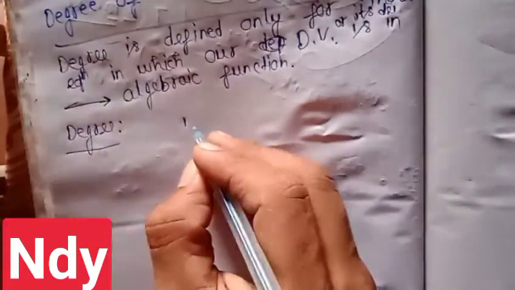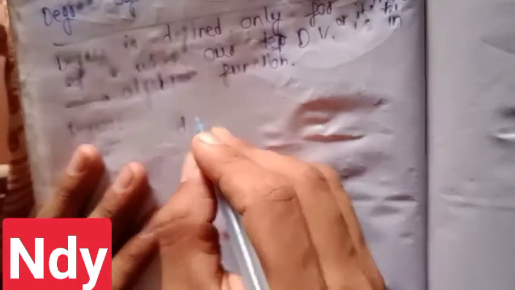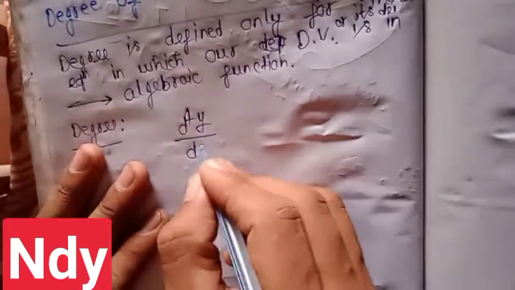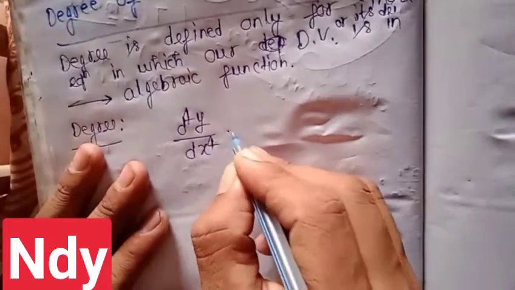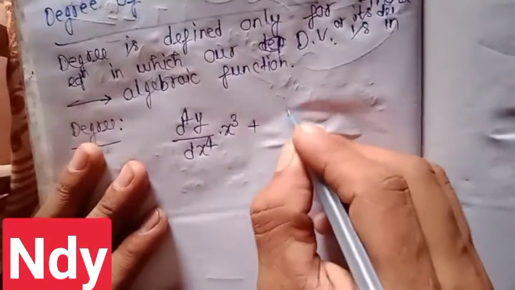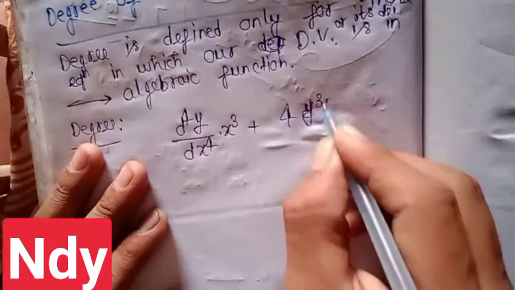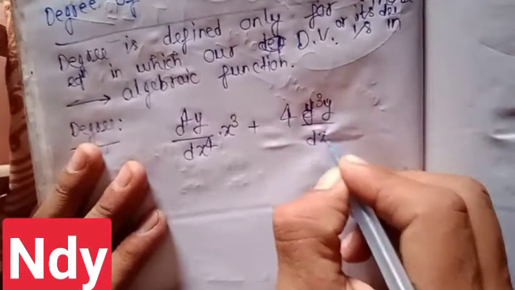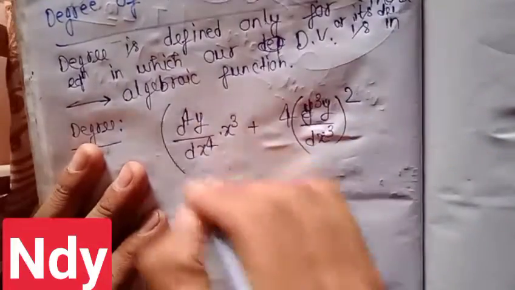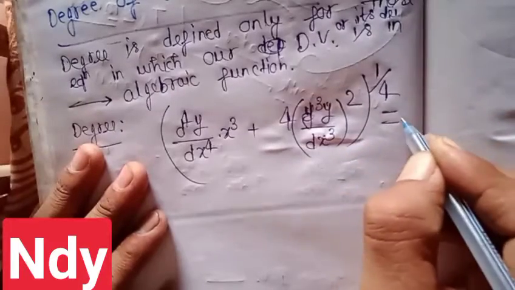Now let us take one more example: d4y by dx4 times x cube plus 4 times (d3y upon dx3 whole squared) whole power 1 by 4 is equal to 0.